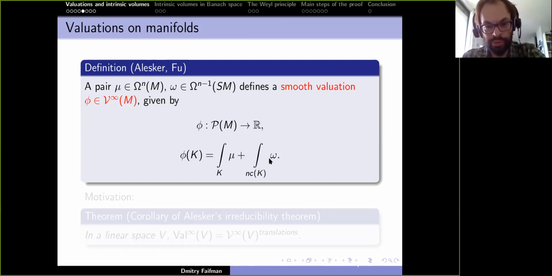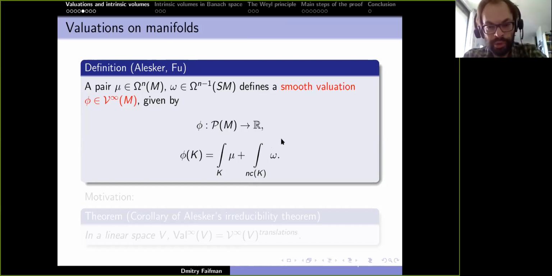So the two summands are called the interior term and the boundary term for obvious reasons. The interior term is when you integrate over the interior of the body the measure mu, and the boundary term is when you integrate the form over the normal cycle. The normal cycle, as you have seen in the picture, only sees the boundary of the set. That's the interesting summand. This one is just to make things more natural. And yeah, this is the interesting part.